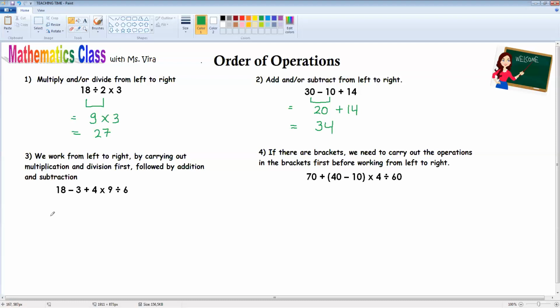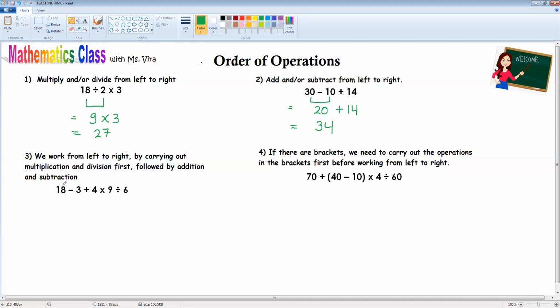Rule number 3, we work from left to right by carrying out multiplication and division first, followed by addition and subtraction. Now you can see in here we have subtract, add, times, and divide.